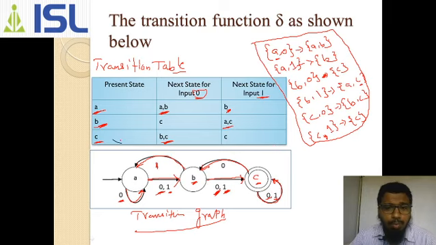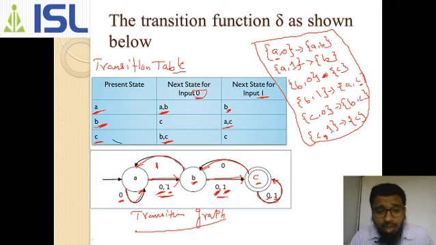I hope you understand this, and you can see the small difference between DFA and NFA. In the NFA, we get both 0 and 1, whatever inputs we have, we get all of that.